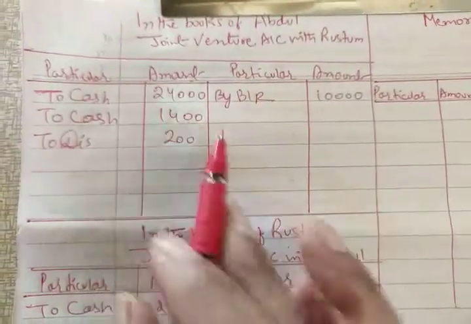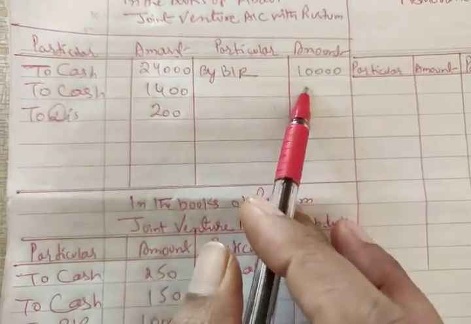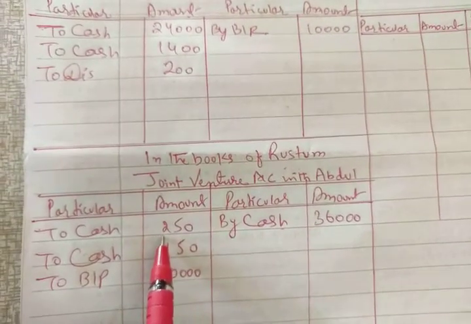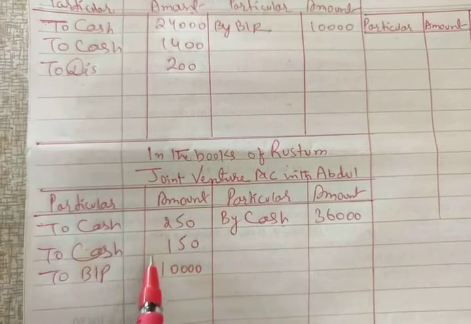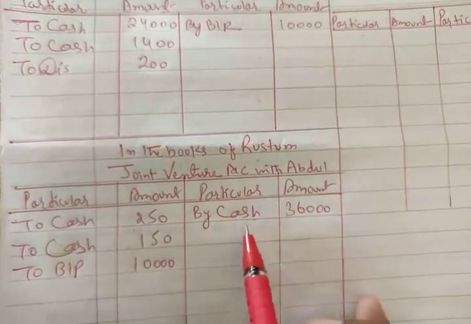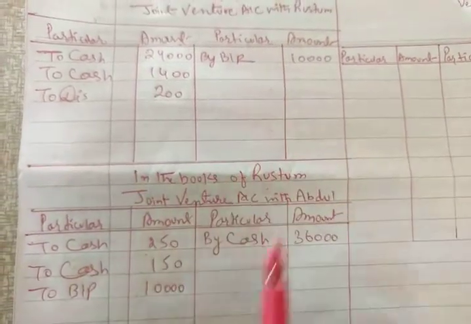So Abdul bought the goods, Abdul paid the expense, Abdul bore the discount, and Abdul drew the bills. In a similar way, Rustam paid the expenses, Rustam paid the sales expenses, Rustam accepted the bills, and Rustam went for the sales. So all these entries are over.